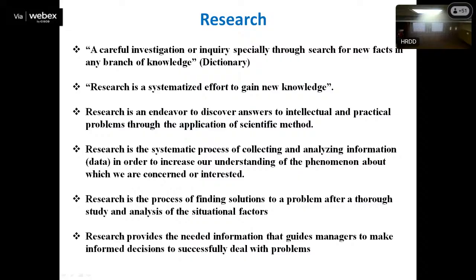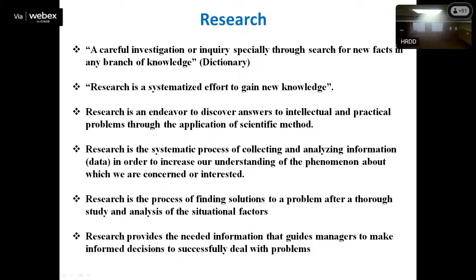Research is a systematic process of collecting and analyzing information, data, in order to increase our understanding of the phenomena about which we are concerned or interested. Each of you will do some research during your PhD course, and whatever you are doing, you will collect data and then analyze that data. Just as simple as that.